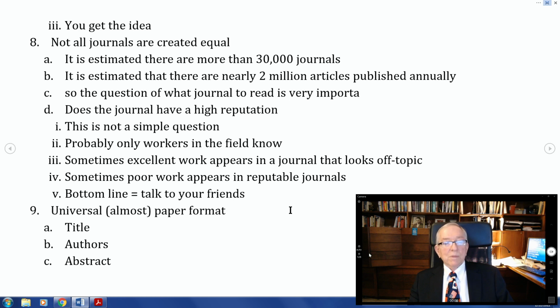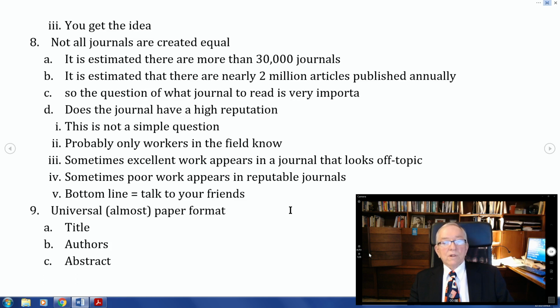That happened a couple of times just in the last year and a half, to my knowledge. So sometimes excellent work can appear in a journal that you don't think the title would support the effort. So don't let the title be your guide. Sometimes poor work appears in reputable journals.